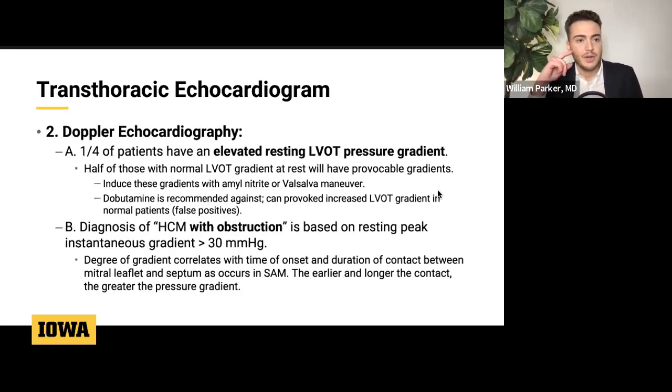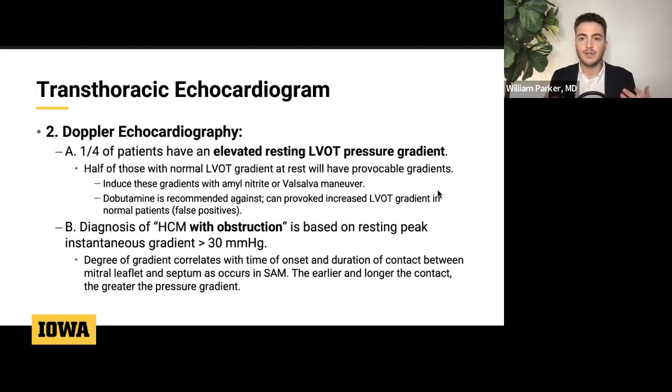Now with Doppler echo, where you can look at those pressure gradients, about 1/4 of patients who end up getting a diagnosis of hypertrophic cardiomyopathy will actually have an elevated resting LVOT pressure gradient. And so that's less than I would think. But half of the people who don't have that elevated resting gradient will still have an elevated provocable or inducible gradient.